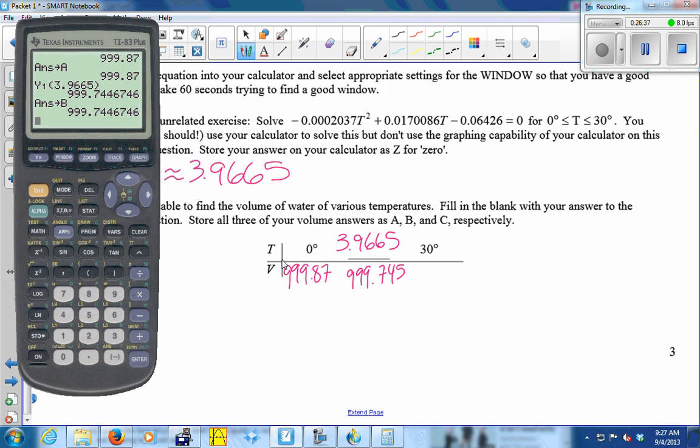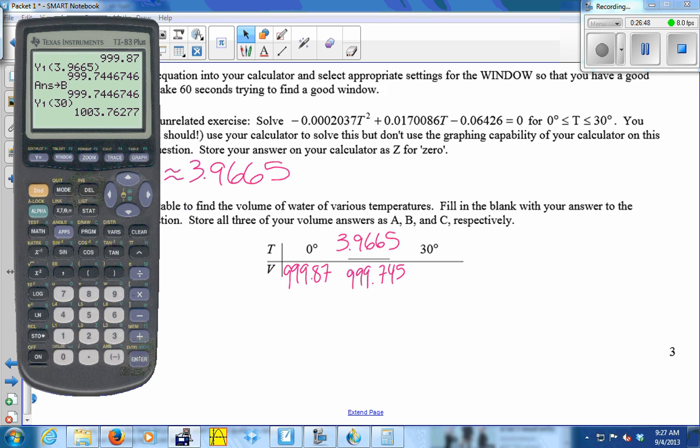And then at 30 degrees, plug in a 30 here. We get 1003.76. And I want to store that number as C. Store alpha C.